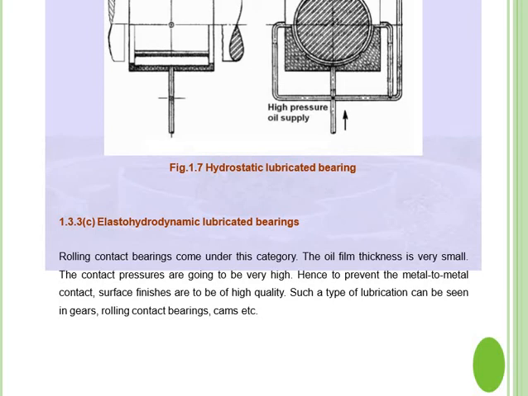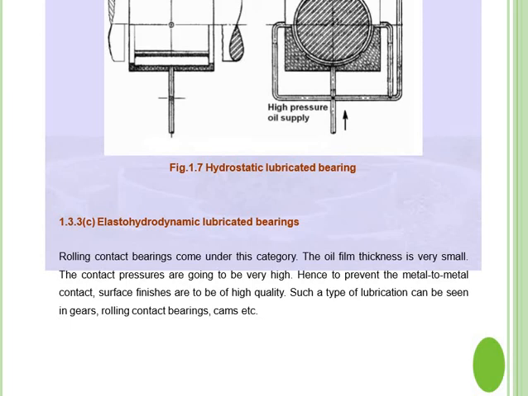Why are we doing all these things? We want to prevent metal to metal contact, which needs a high quality surface finish. So for this lubrication, we can see gears, rolling contact bearings, cams, all these things.